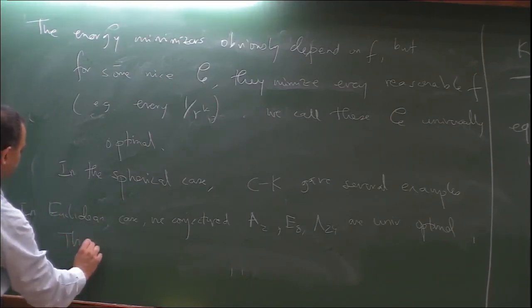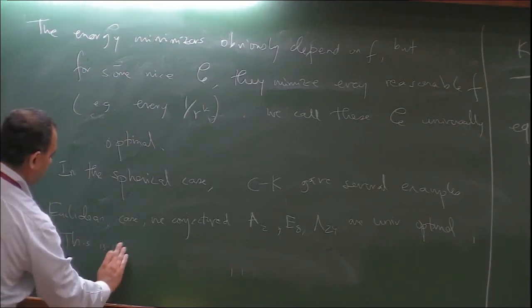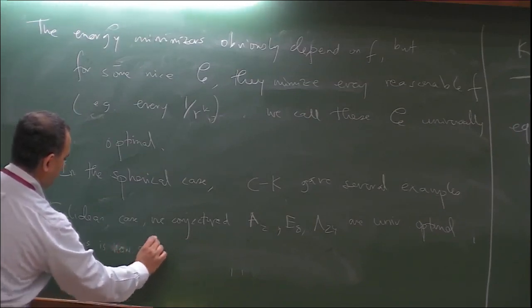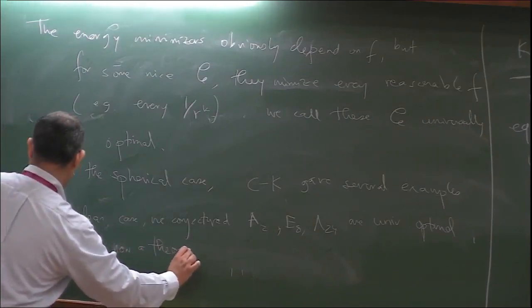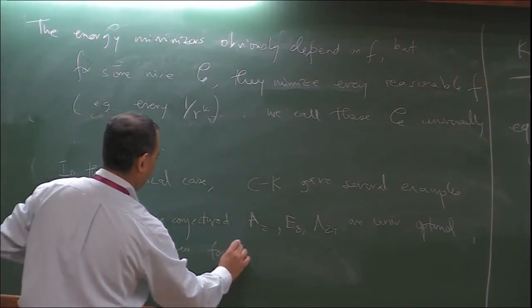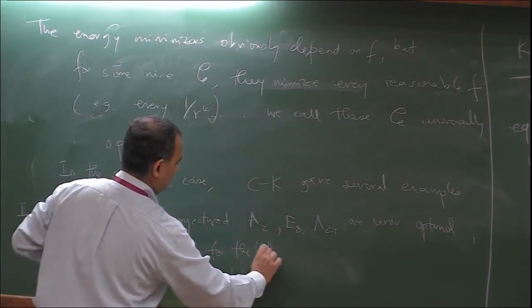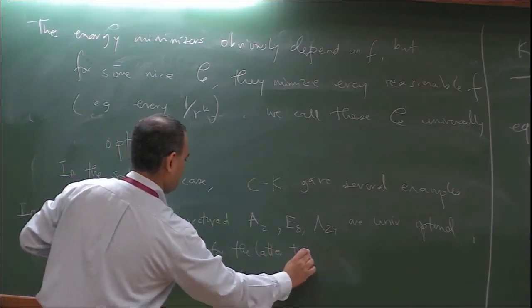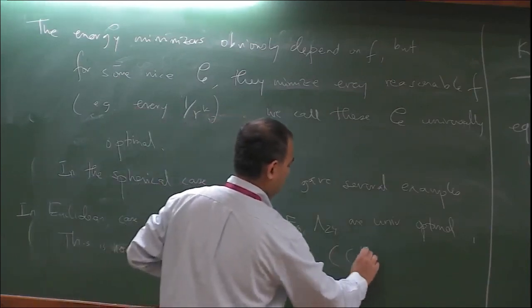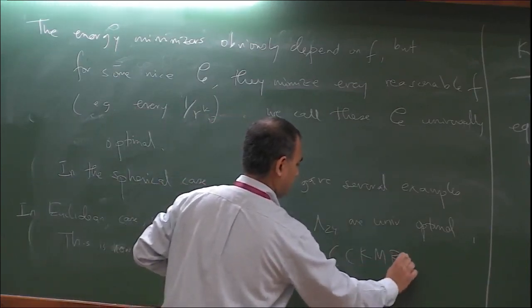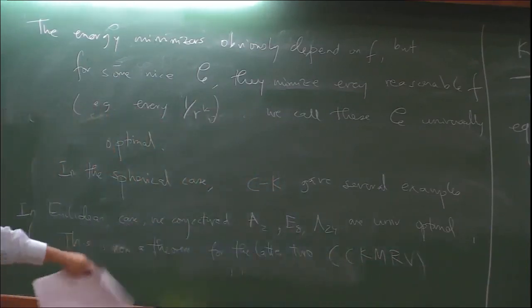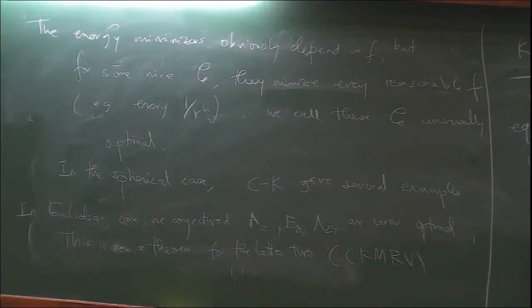This is now a theorem for the latter two, and that's due to the same set of 5 authors. That's the result from this year, and some of the lectures will build towards that.